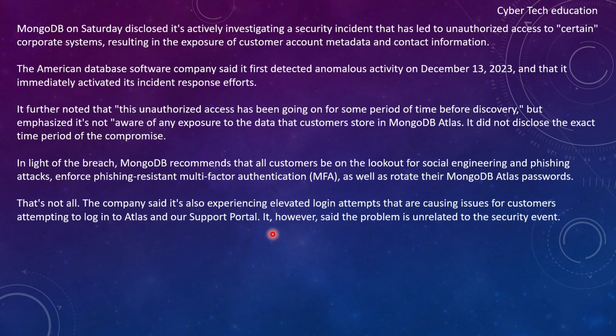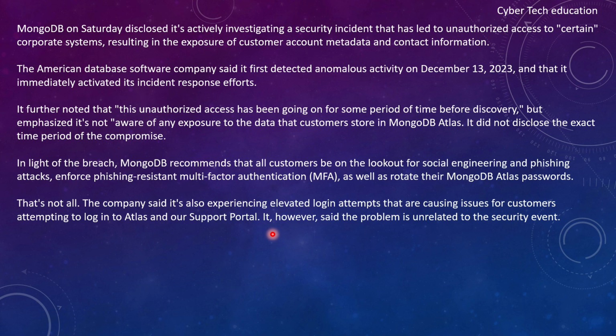So coming to the Saturday disclosure, right? MongoDB on Saturday disclosed that it is actively investigating a security incident that led to unauthorized access to certain corporate systems, resulting in exposure of customer account metadata and contact information.